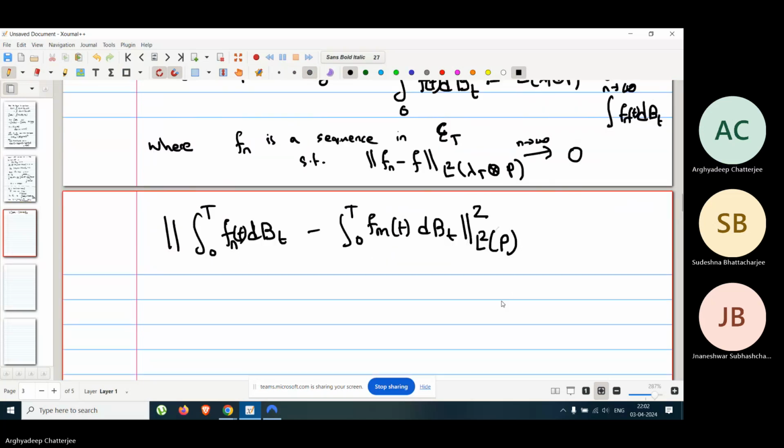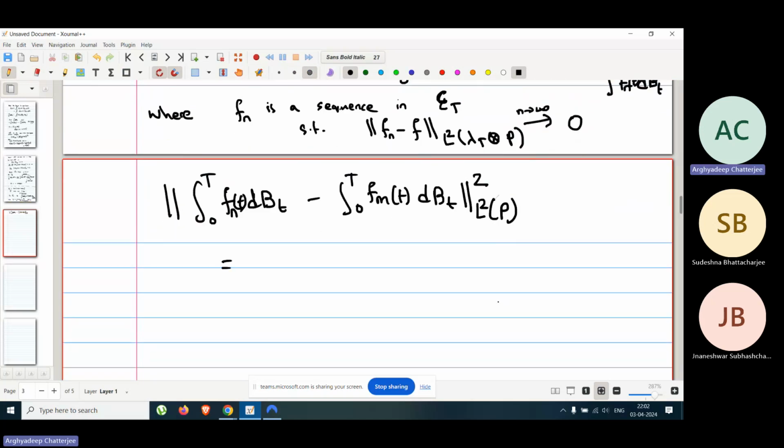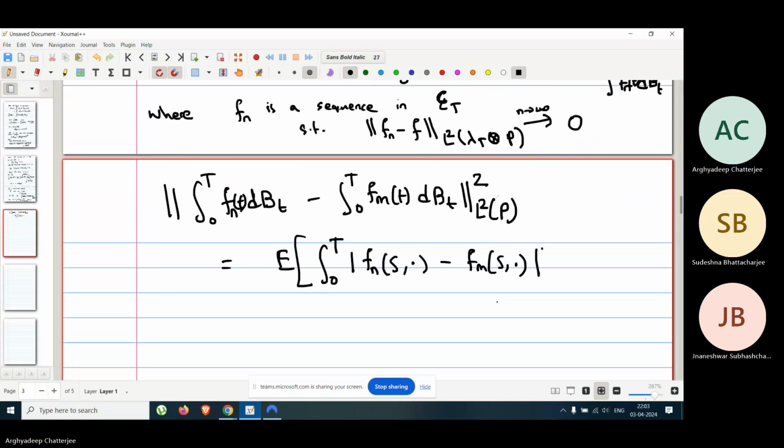So this is equal to the expectation of the integral from 0 to t of (Fn(s, ·) − Fm(s, ·)) squared ds.